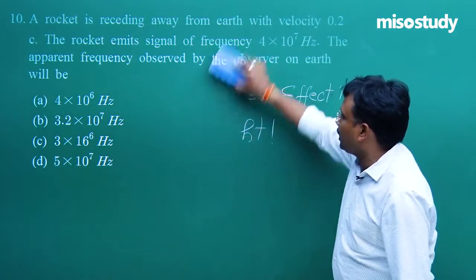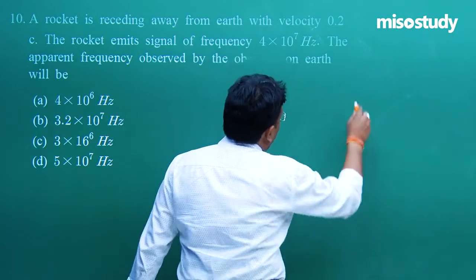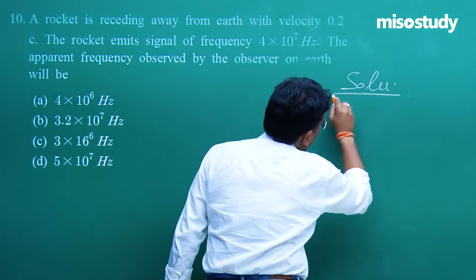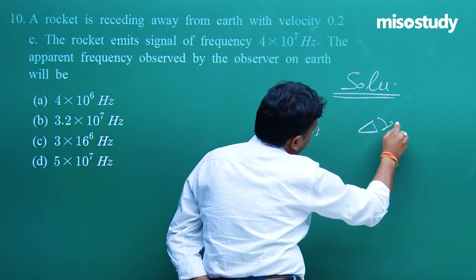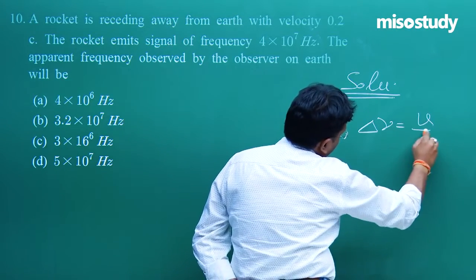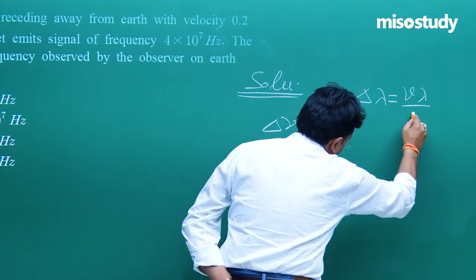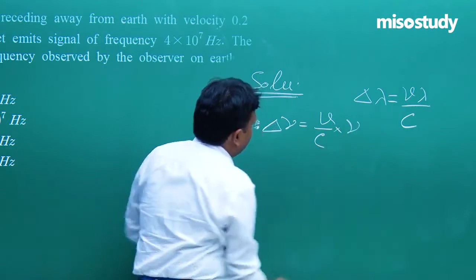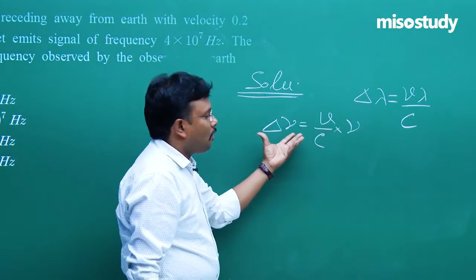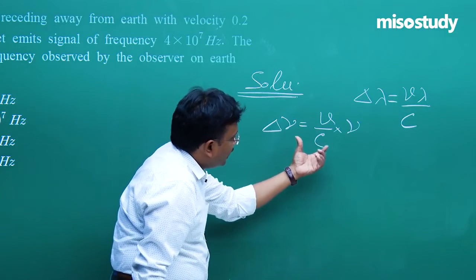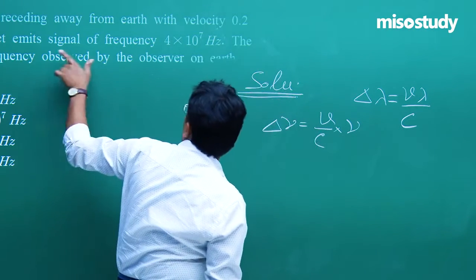Let me mention that formula: delta lambda is equal to V lambda upon C, or delta nu is equal to V nu upon C. Now two formulae are in front of you, one in the form of delta lambda, the wavelength, and another in the form of nu.